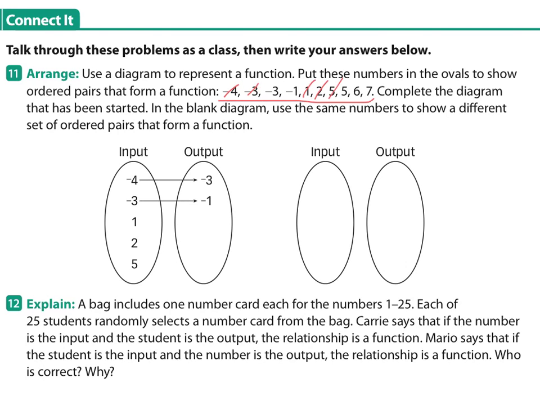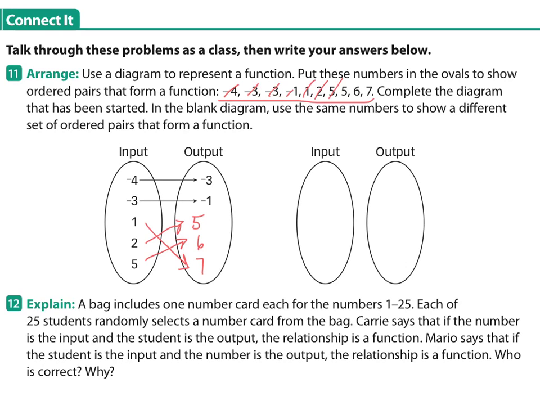It's already used those for the inputs. For the outputs, it's already used negative 3 and negative 1. So the only numbers left for me to fill in really are 5, 6, and 7. And it doesn't really matter what order we put them in. We could just say, hey, here's 5, 6, and 7. And I could say, hey, 1 goes here, 2 goes to the 5, 5 goes to 6. And we've made our map, and everybody's happy.